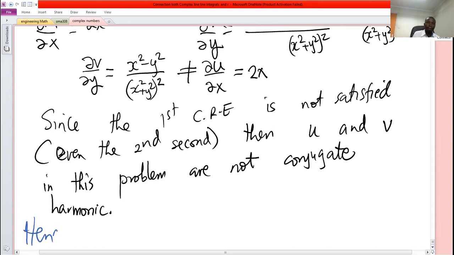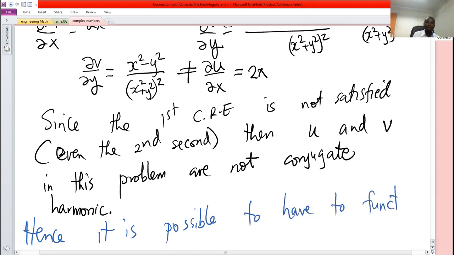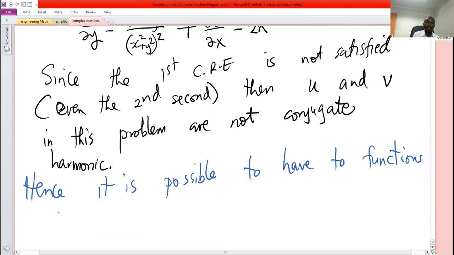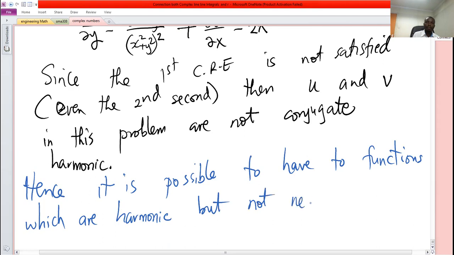hence it is possible to have two functions which are harmonic but not necessarily harmonic conjugate.